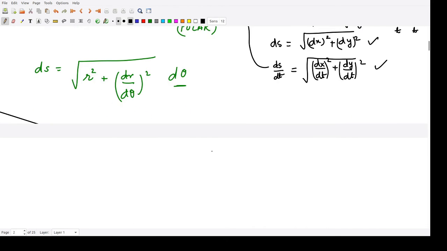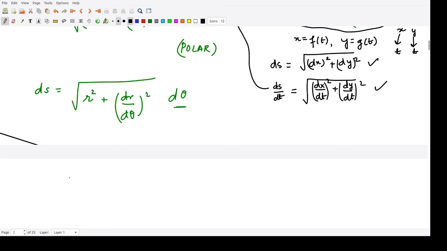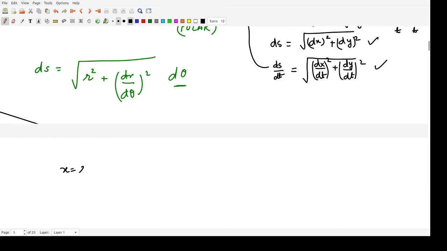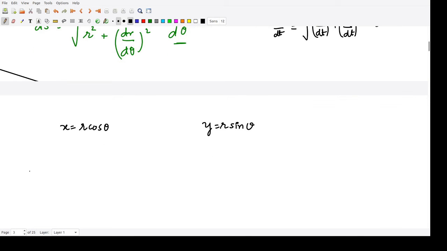And for the polar case, for the polar curves, what do we have? We have x equal to r cos theta and y equal to r sin theta. So what is this derivative? Dx would be the derivative of this quantity. Here we have two terms, so we will differentiate it using the product rule. First function as such, the derivative of second, it would be minus sin theta d theta, and then plus the derivative of first, that is dr, and the second term as such.